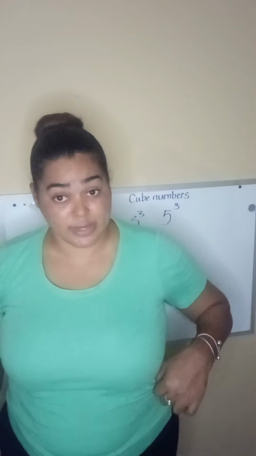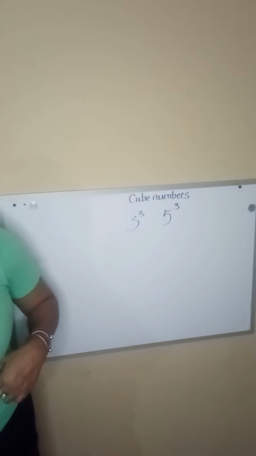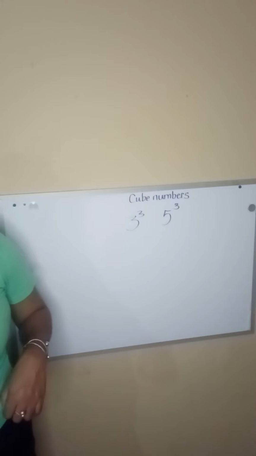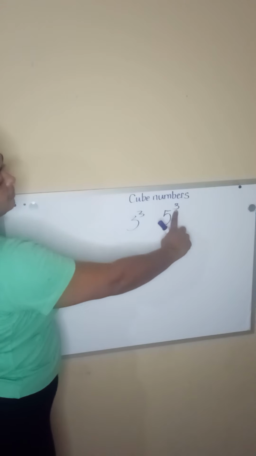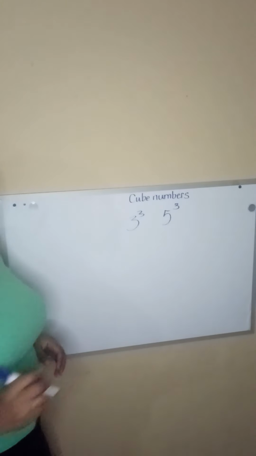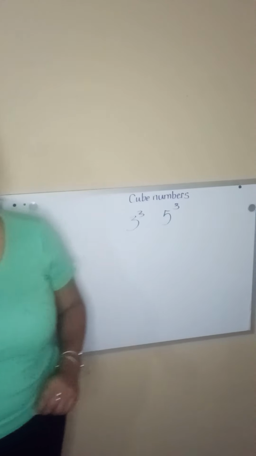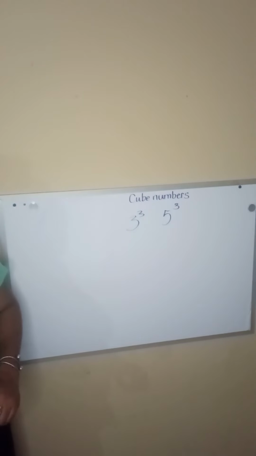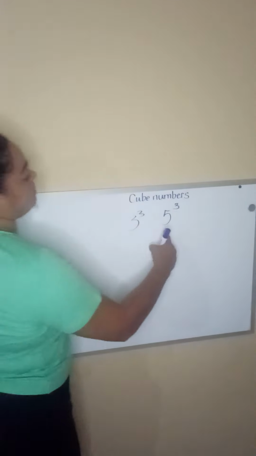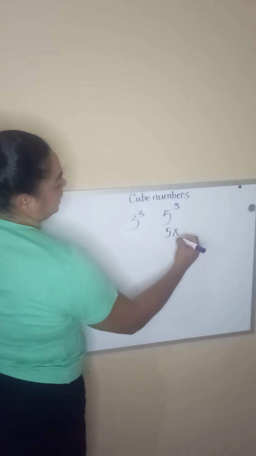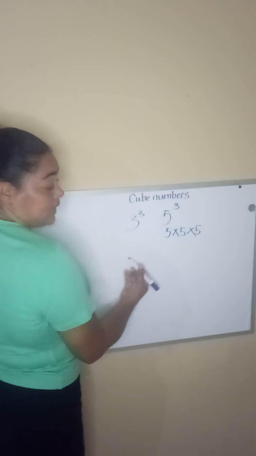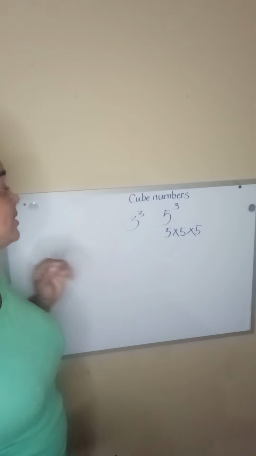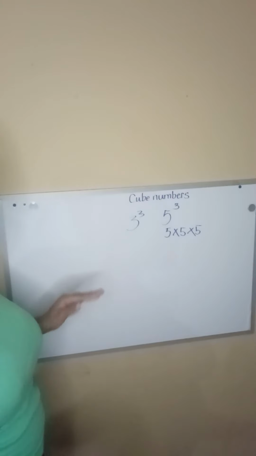The first part of your handout, where the explanation is, tells you the cube of the number 5 is 5 with a little 3 at the top. This means cube, which is equal to 5 times 5 times 5. It does not mean 5 times 3, which is 15.